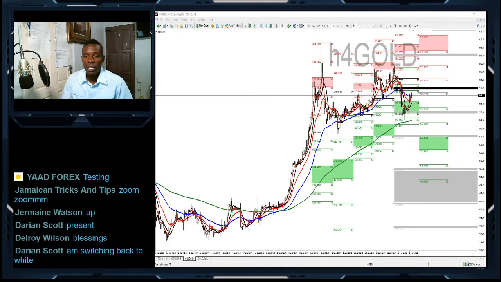But we are on gold, and this is the H4 chart, right? And as we can see, price found support at S2, which is 1553, and as we can see, it respected it. So it's pulling up now to the central pivot point, which is 156.720.